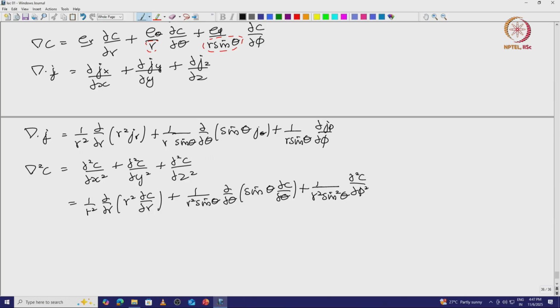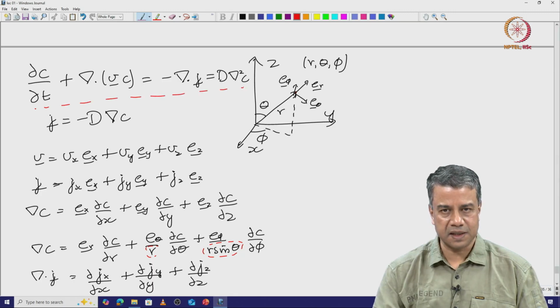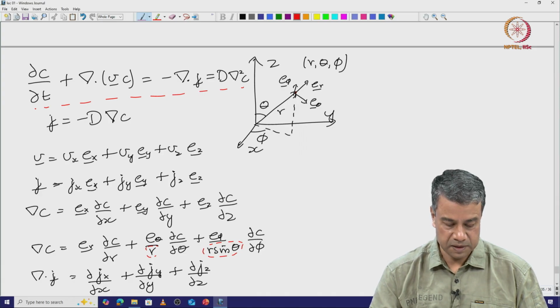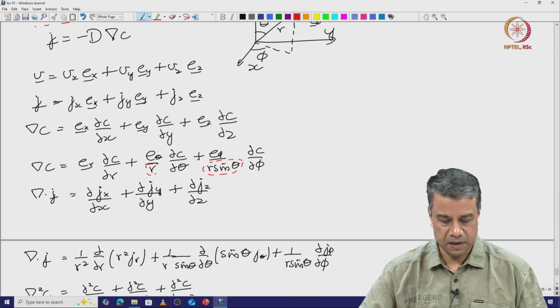So basically the conservation equation expressed in terms of the operators, the gradient, divergence and Laplacian, is exactly the same in any coordinate system. What changes is the definition of the operators themselves in the different coordinate systems. So, this is as far as the concentration field is concerned.